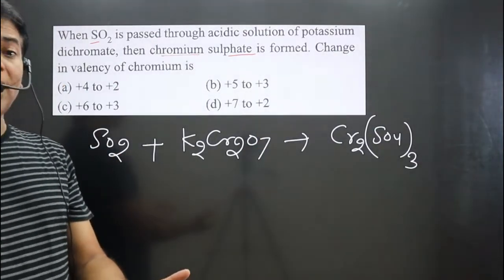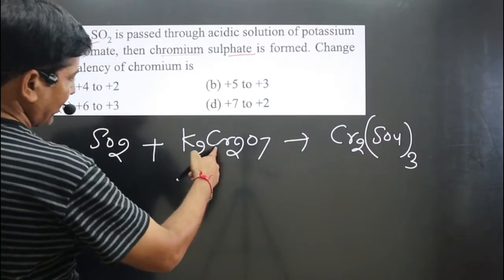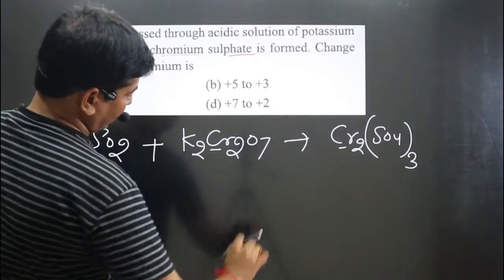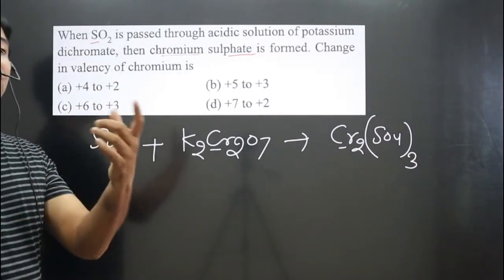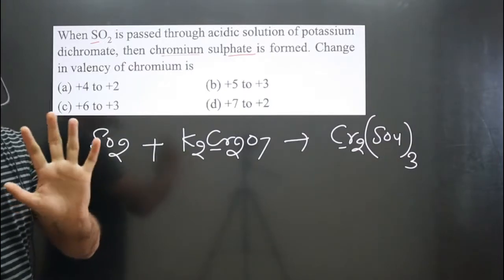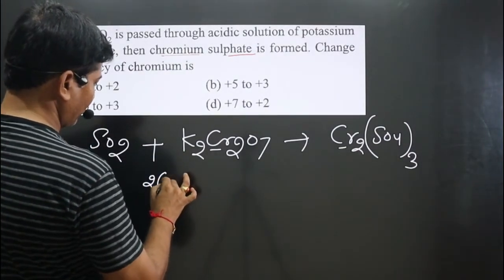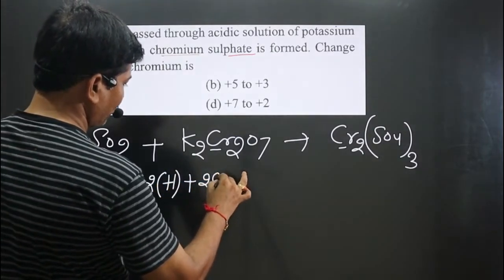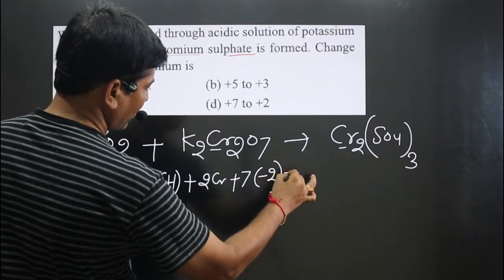So we can calculate the oxidation number of chromium on both sides. Potassium present in any compound will always show +1 oxidation number. There are 2 potassium, each +1. There are 2 chromium and 7 oxygen, each oxygen -2, and the total is equal to 0.